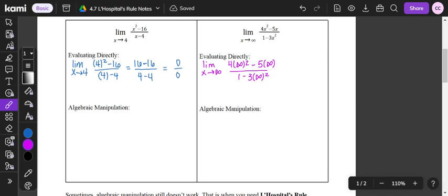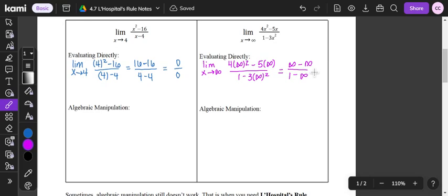Okay, go ahead and solve it, clean it up. 4 times infinity squared, well, that's just infinity. Minus 5 times infinity, that's also infinity. And then divided by 1 minus 3 times infinity squared is also infinity. So we end up with this.